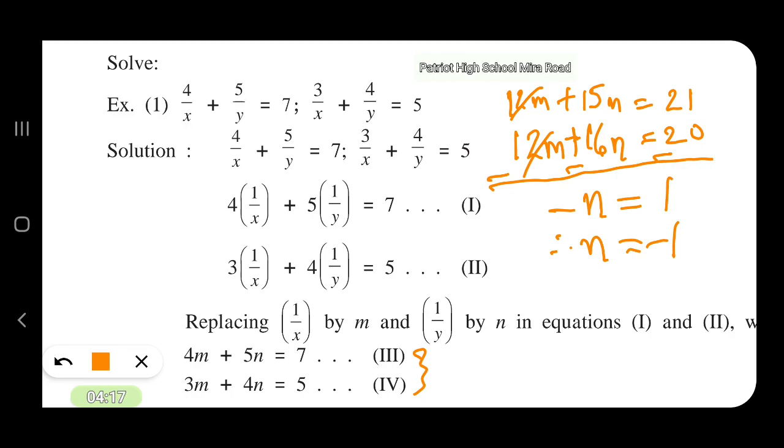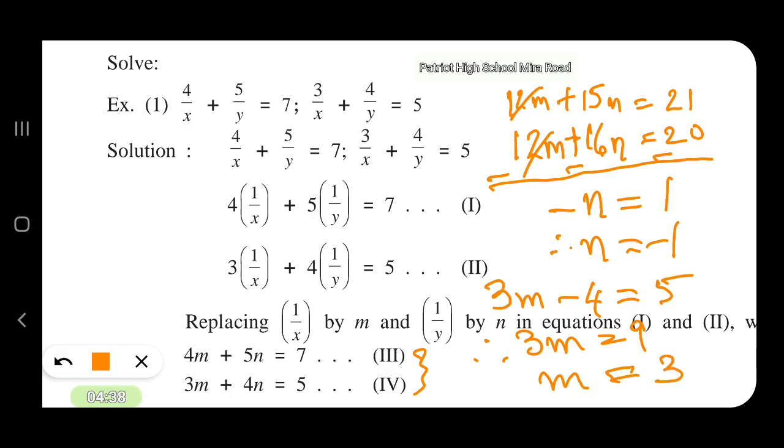Substituting this value in equation 4, if we write n is equal to minus 1, it will be 3m minus 4 is equal to 5. Therefore 3m is equal to 9, or m is equal to 3. So we got the values for the new variables m and n. They are having value, m is 3 and n is minus 1.